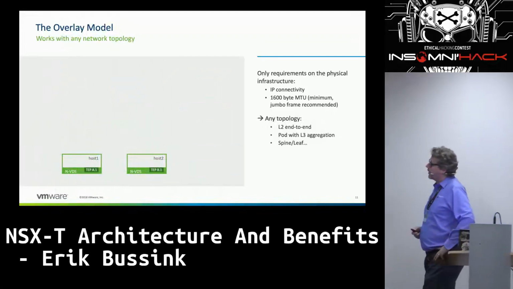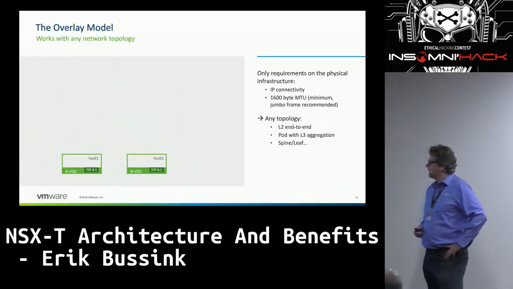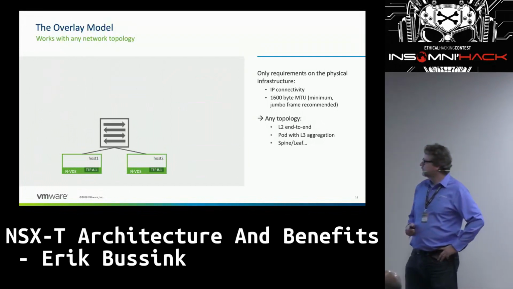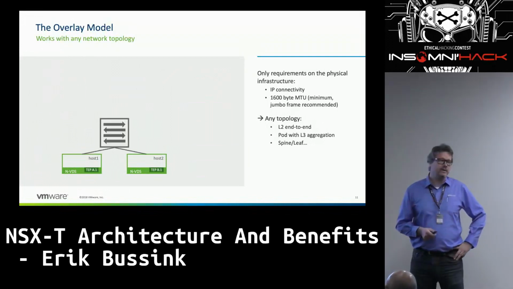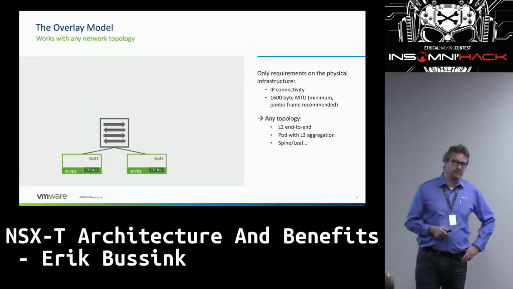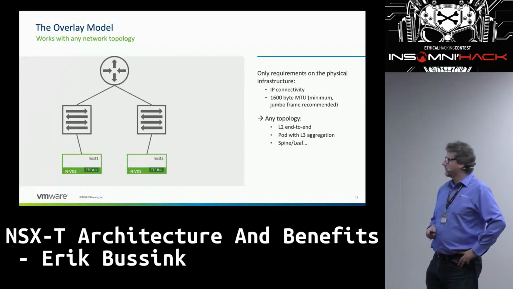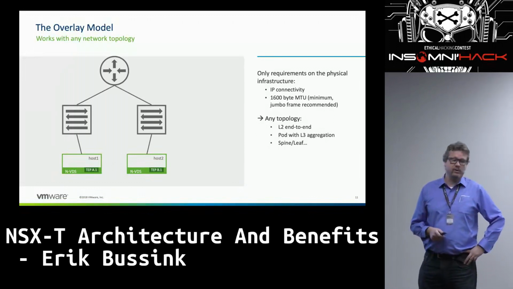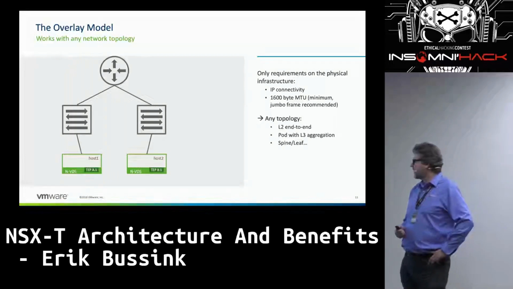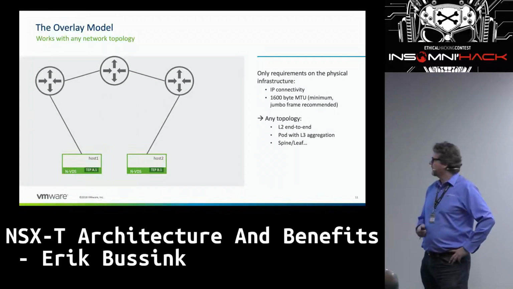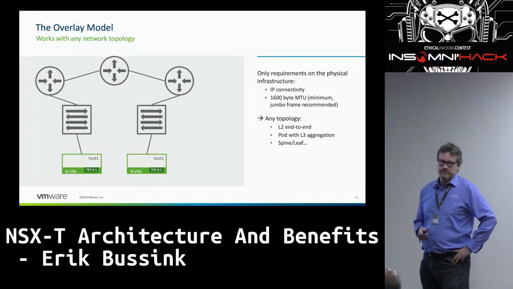So for our requirements, IP connectivity and 1600 MTU, you can use whatever physical network you have. If you've got old switches, if you've got new switches, if you're spine-leaf, if you've got different constructors, routing, whatever configuration you have, it works.